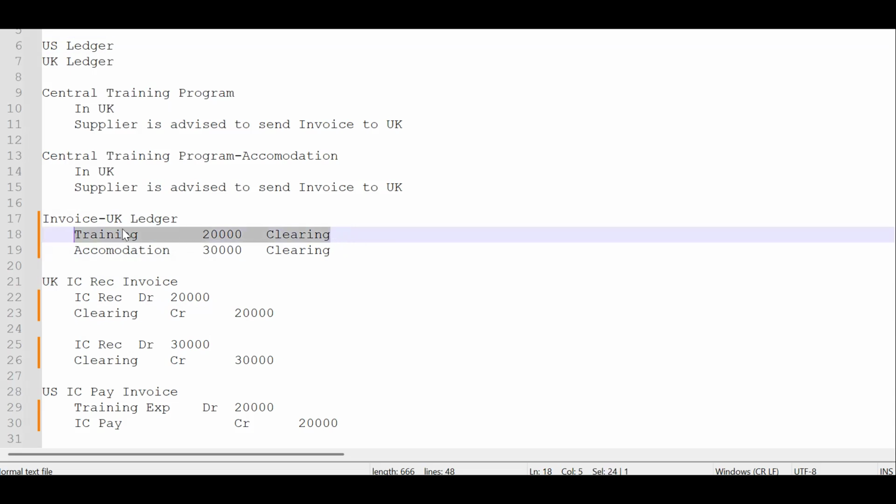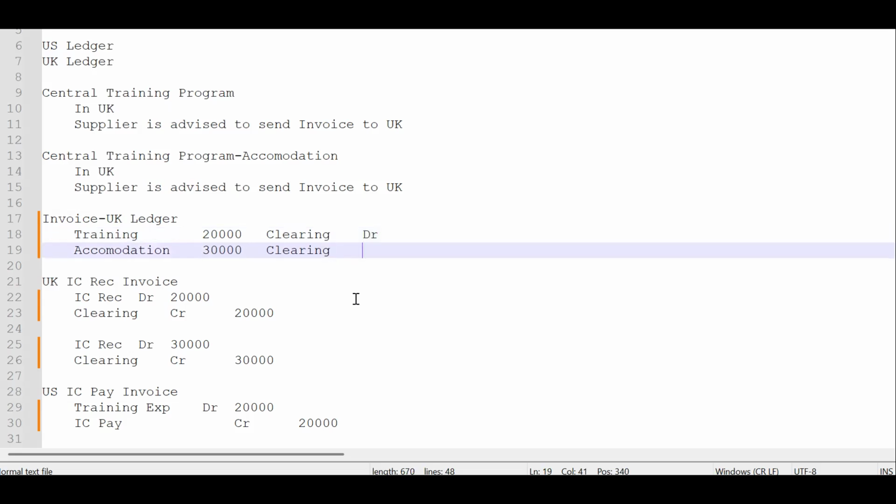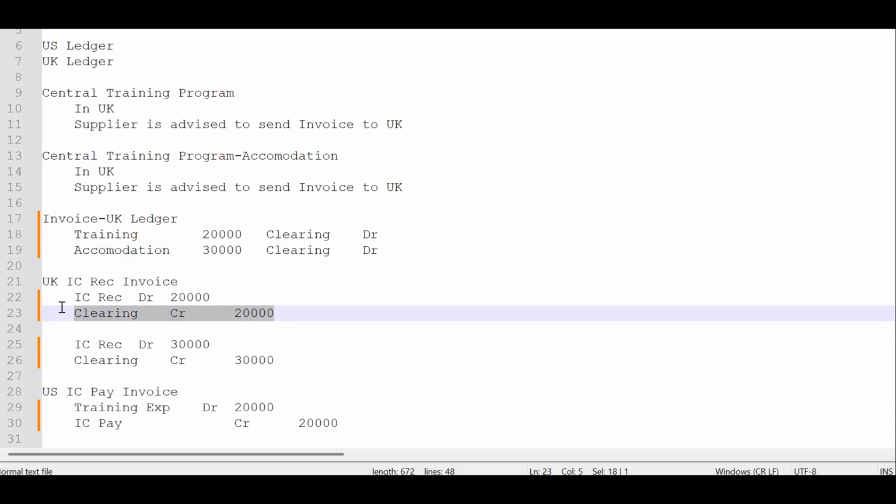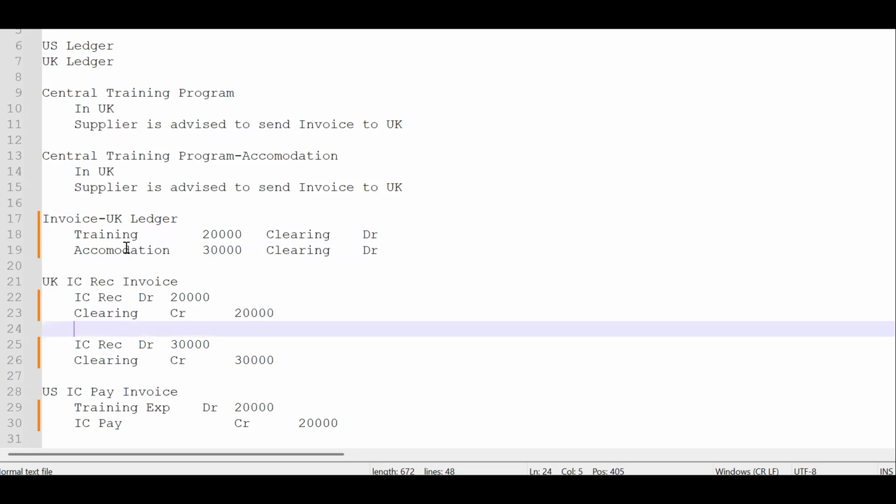By doing so, this intermediary account will get set off. Here it is debited, and here the same account will be credited. Since there were two lines, I've created two different invoices here.